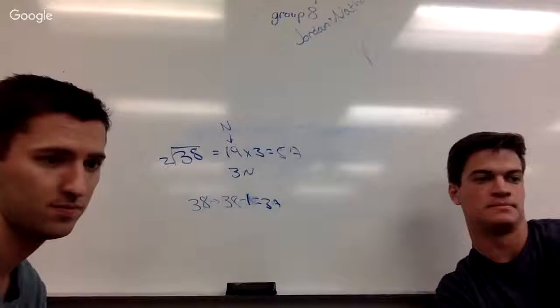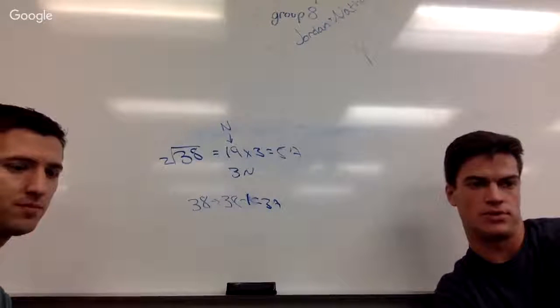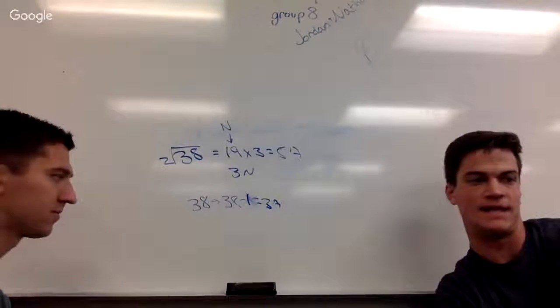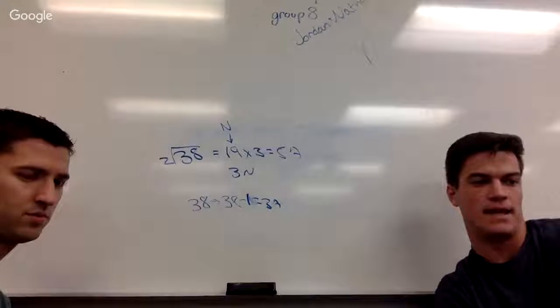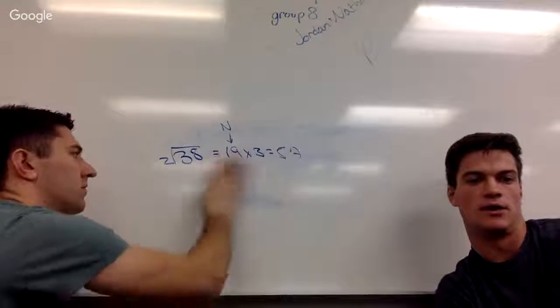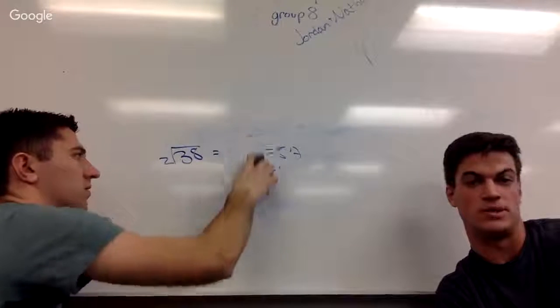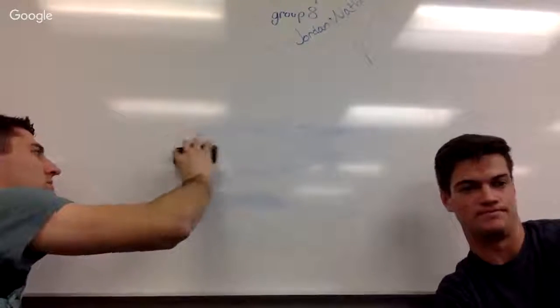D, a cat that has suffered a Robertsonian translocation between 17 and 18 gives us 37, again 38 minus 1. And E, a cat that has suffered a reciprocal translocation between chromosomes 6 and 9. We don't actually lose any chromosomes, so the total is still 38.